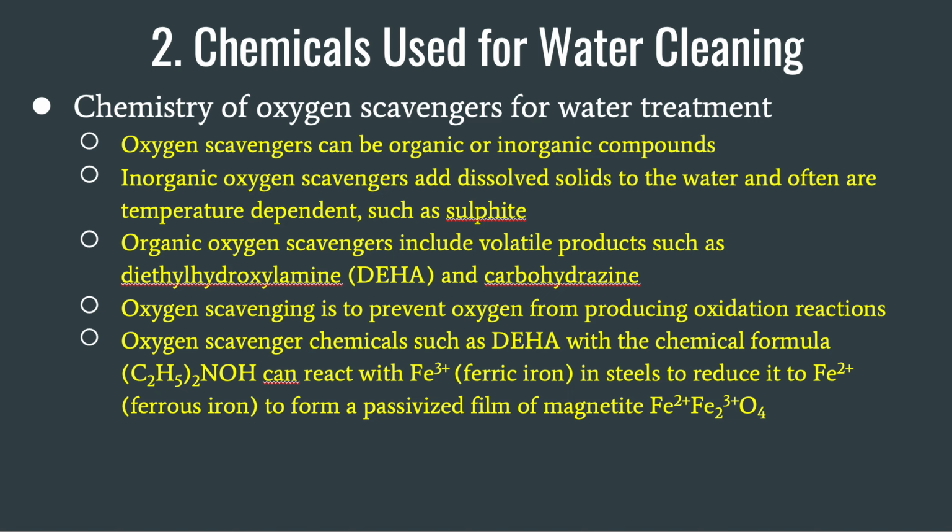Oxygen scavenging is to prevent oxygen from producing oxidation reactions. Oxygen scavenger chemicals such as DEHA can react with ferric iron in steels to reduce it to ferrous iron to form a passivating film of magnetite.